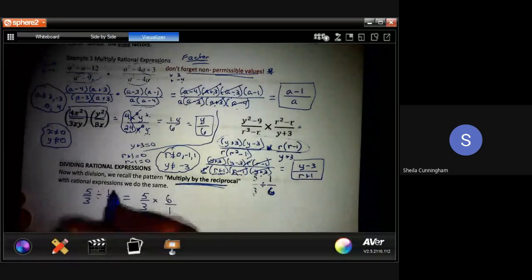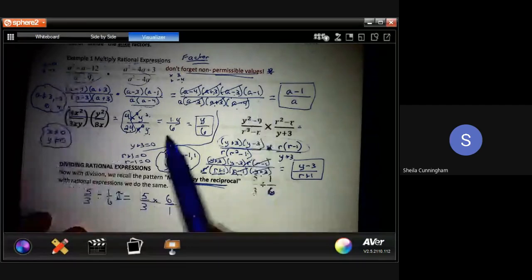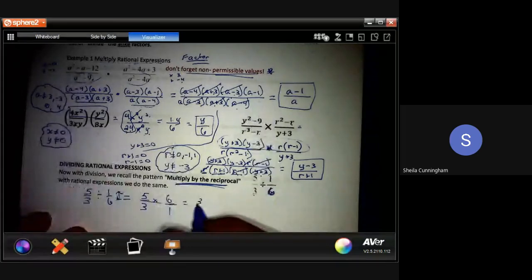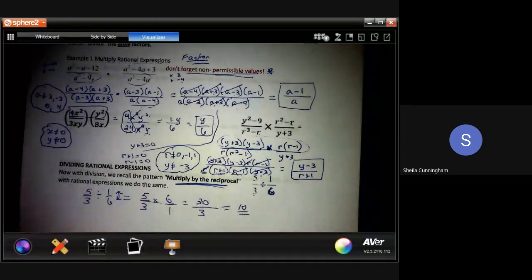Then I'm back to doing exactly what I did with multiplying. I multiply my numerators together, which gives me 30, multiply my denominators together, which gives me 3, and reducing gives me 10. That's what we would do normally with basic fractions without any variables in them.